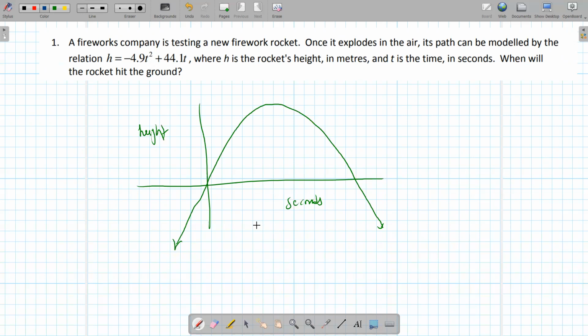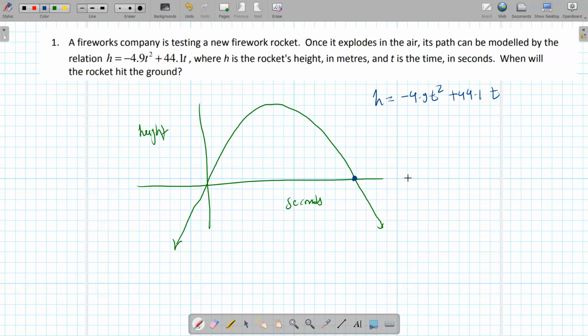Yeah, it's asking us for the x-intercept. So right there. So how do you find the x-intercept of this equation? We need to factor it, right? X-intercepts is when you factor them.